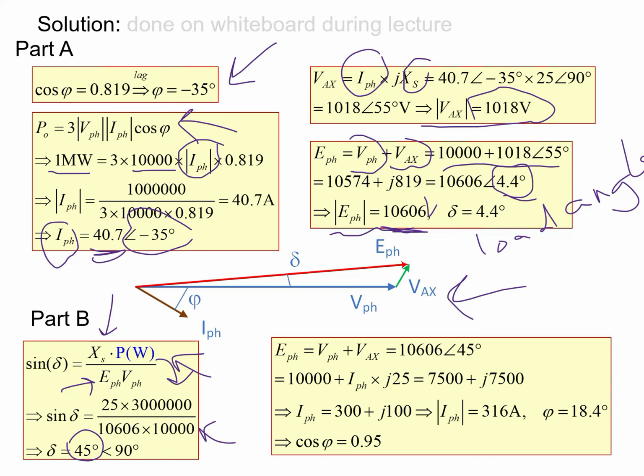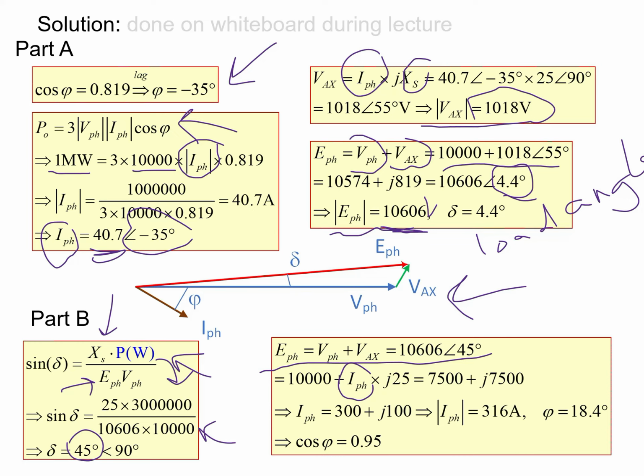So this is the first requirement done. The next requirement is we want to see the change of the phase current. So we can calculate the phase current from the excitation voltage equation. Now we keep everything the same, but now we will have a new value for the phase current.